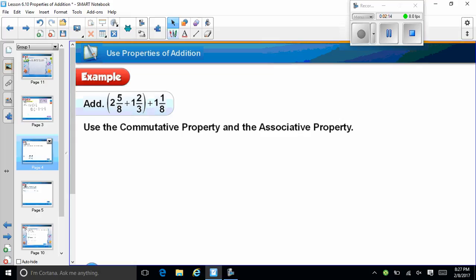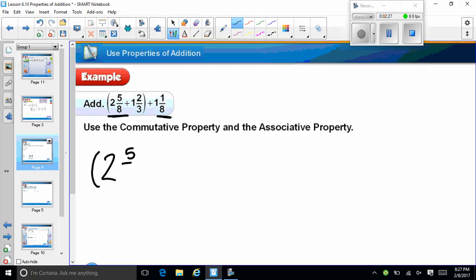I see that I have eighths here and eighths here, so I'm going to rewrite this as 2 5/8 plus 1 1/8. Then I add the fraction that does not have the same denominator on the outside. This is what we call the commutative property.